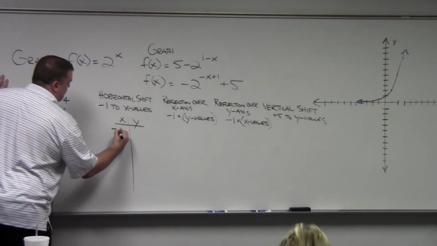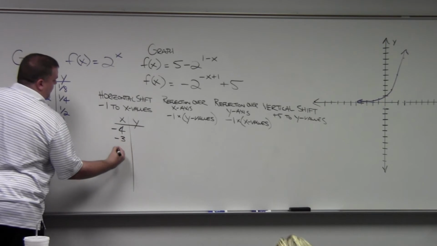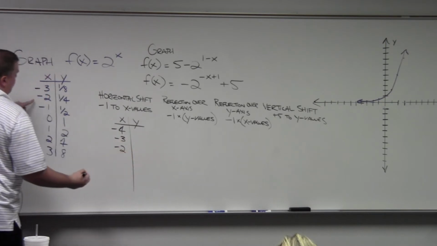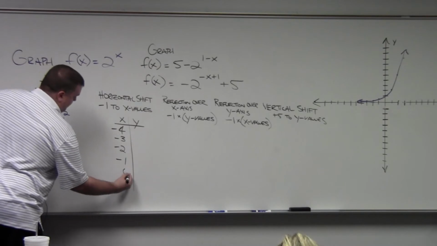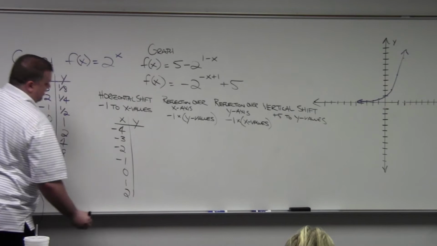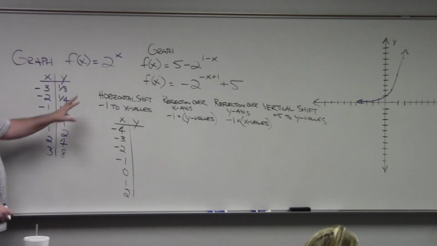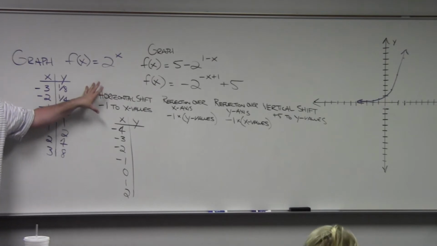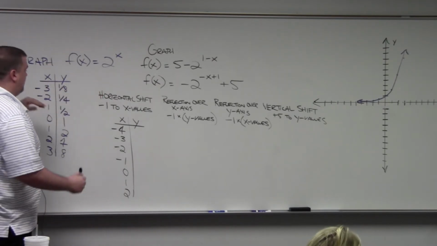That's going to be negative 4, negative 3, negative 2, negative 1, 0, 1, and 2. Just taking 1 away from all my x values. This horizontal shift, did it affect my y values at all? No, right? It's a horizontal shift, not vertical.